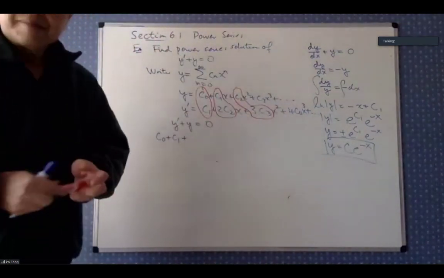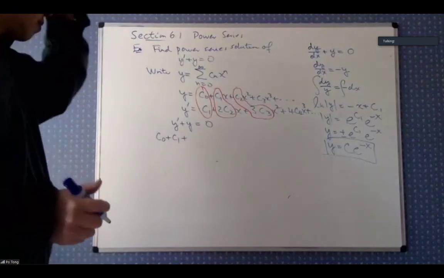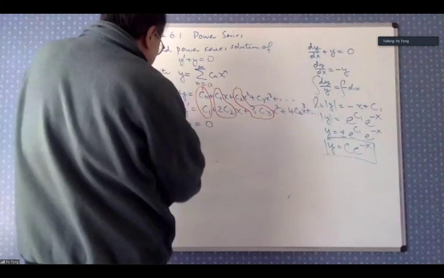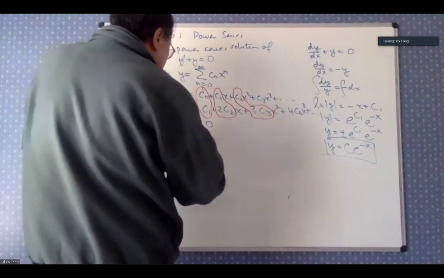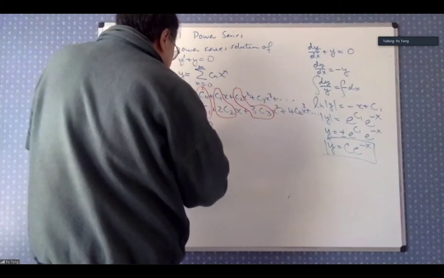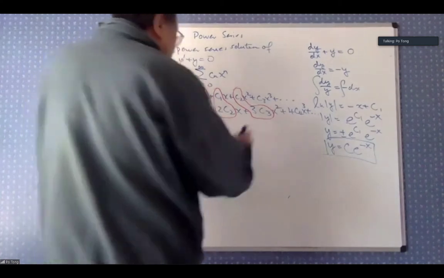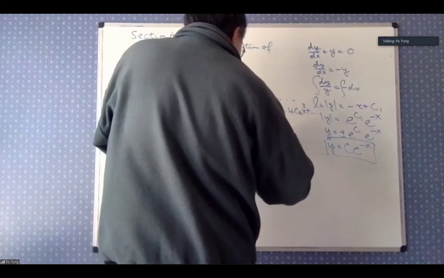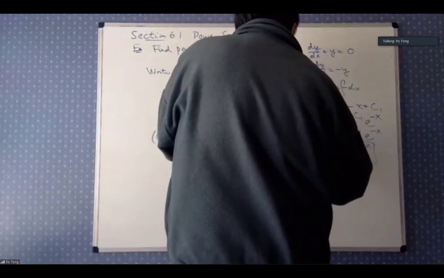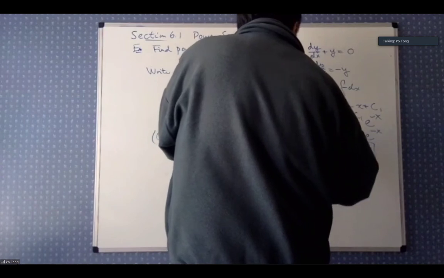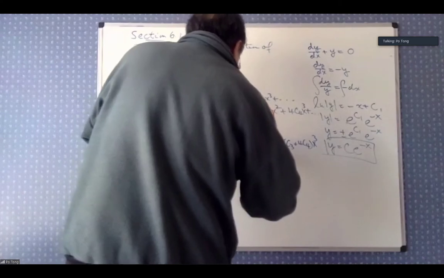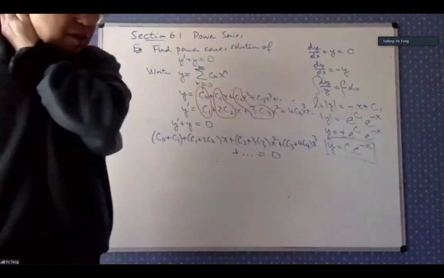Okay? C0 plus C1, one entity. C1 plus 2C2 x plus C2 plus 3C3 x squared plus C3 plus 4C4 x cubed plus, keep going, and then equal to 0. Okay?